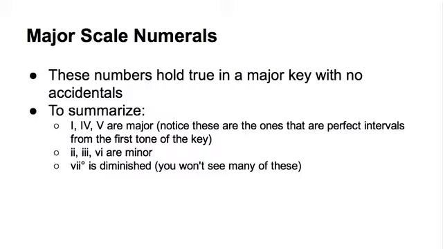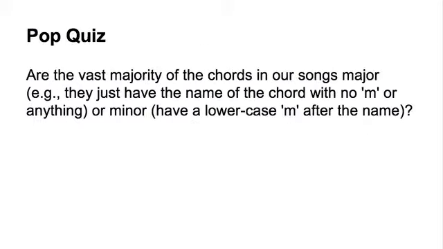So a perfect octave, a perfect fourth, a perfect fifth. So 1, 4, and 5. 2, 3, and 6 are the minor chords, and then 7 is diminished. In a major key, without any accidentals, no key changes or what have you, this is going to be the case. 1, 4, and 5 are major, 2, 3, and 6 are minor, and then 7 is diminished. If you can remember that, then it makes identifying the key of the song pretty easy.